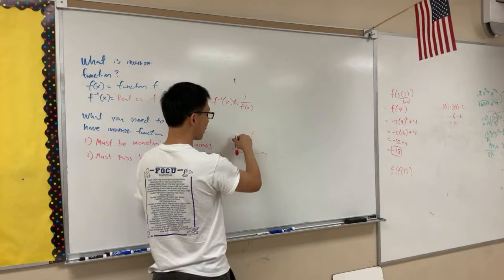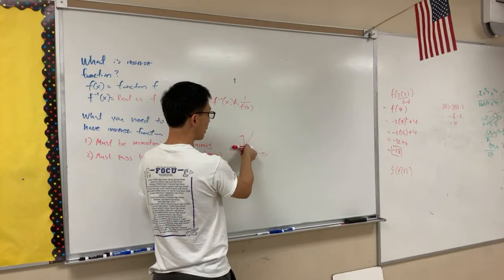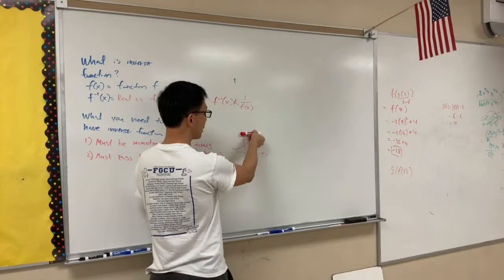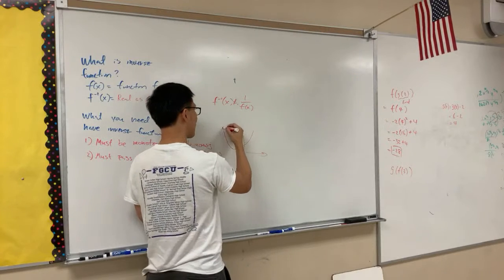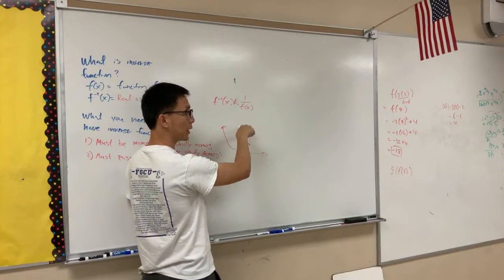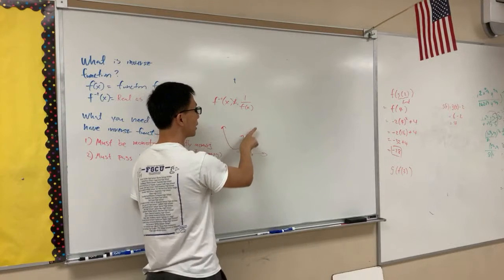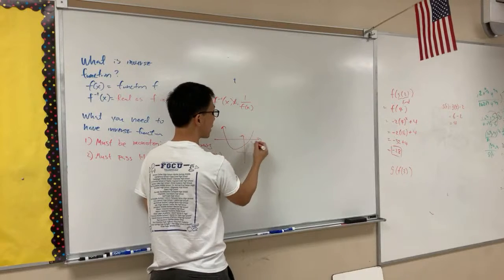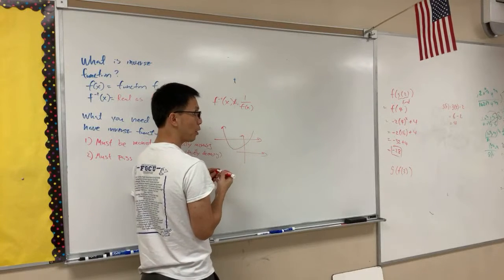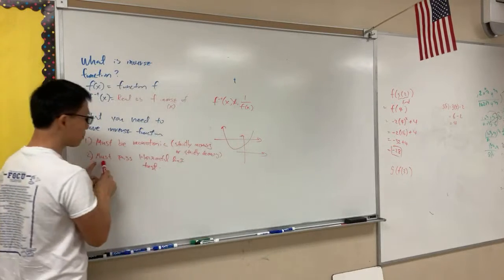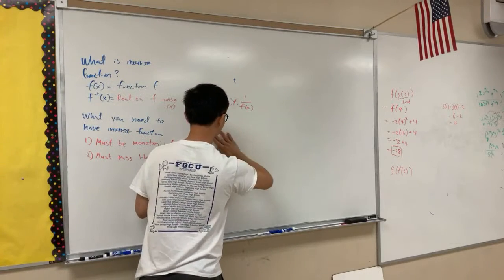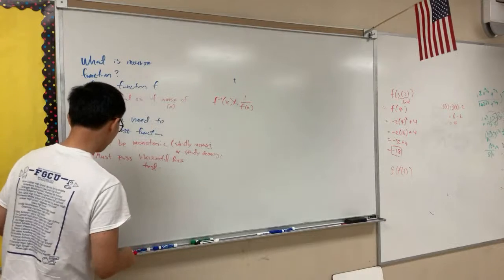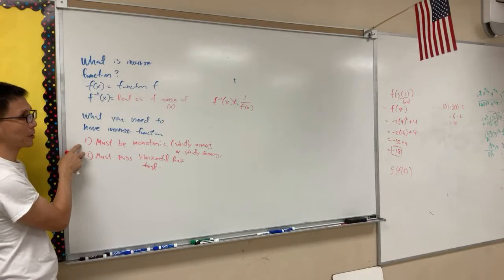It's not like the vertical line test, but with the horizontal line test, it always passes. But if you have a function going like this, it's not strictly increasing anymore. It's decreasing and increasing. You will fail the horizontal line test. So the function must pass the horizontal line test. So it must have those two conditions.